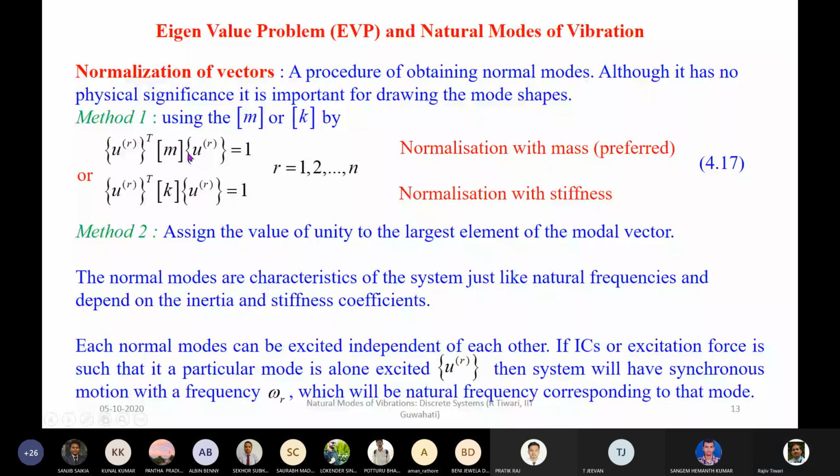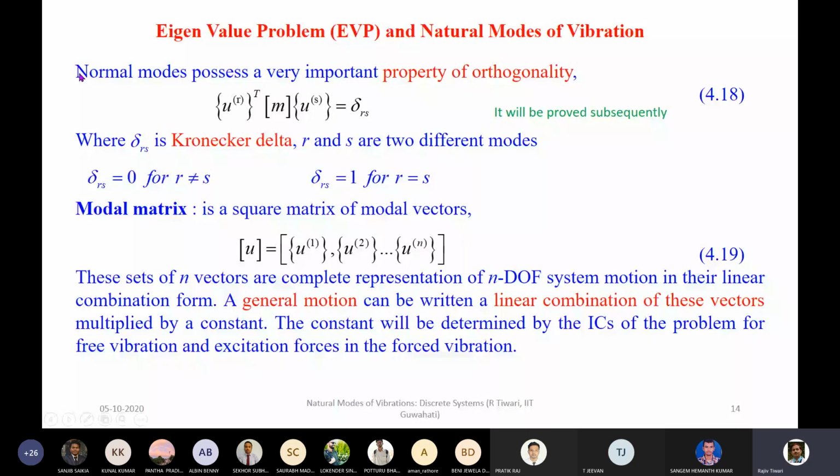If these two eigenvectors are not the same, let us say this is the rth vector and this is the sth vector, then we'll see that this particular property of the eigenvector, that this will be 0. If I take the rth eigenvector here and the sth eigenvector here and do the multiplication, that will be equal to the Kronecker delta rs.